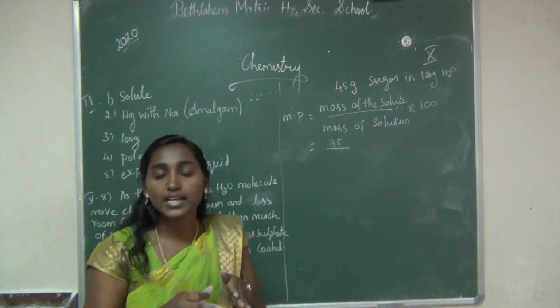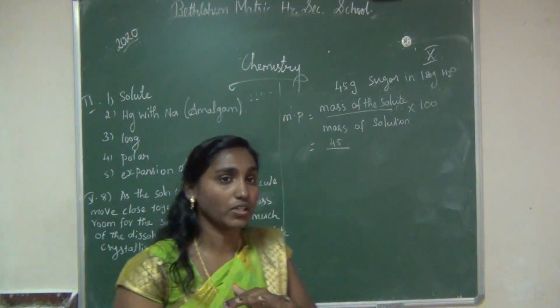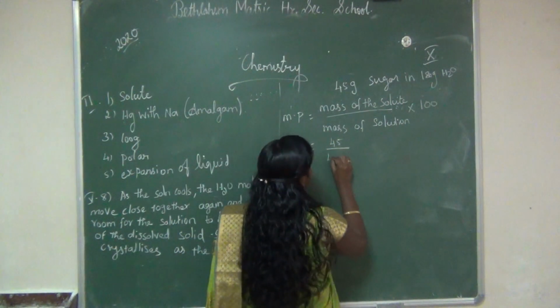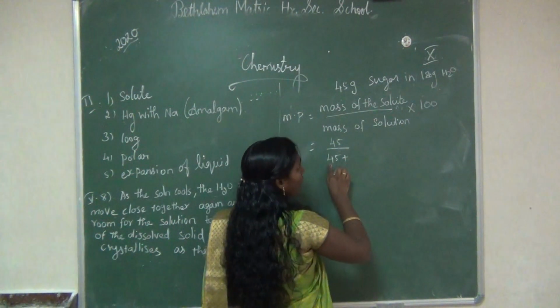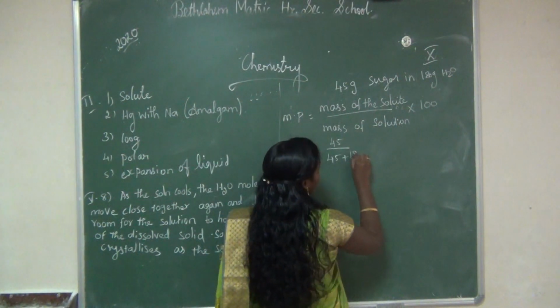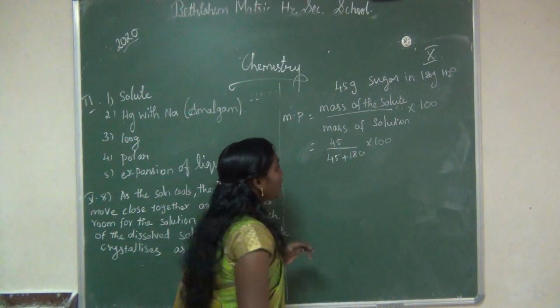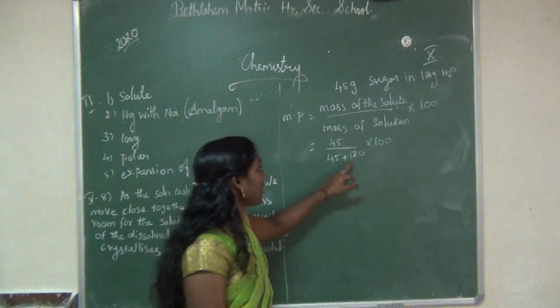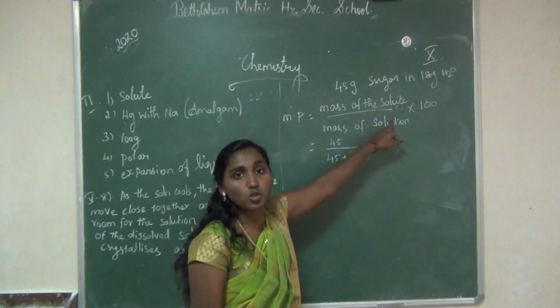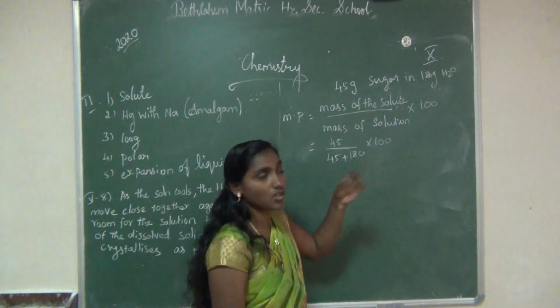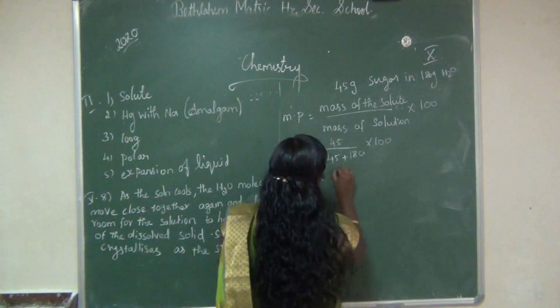Solution means it contains solute plus solvent. So 45 plus 180, that is the mass of the solution, solute plus solvent, into 100.